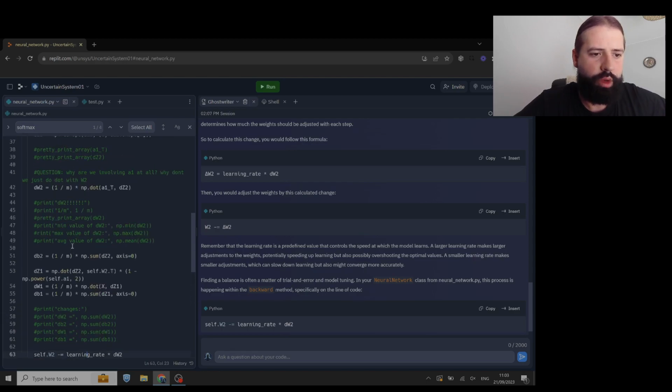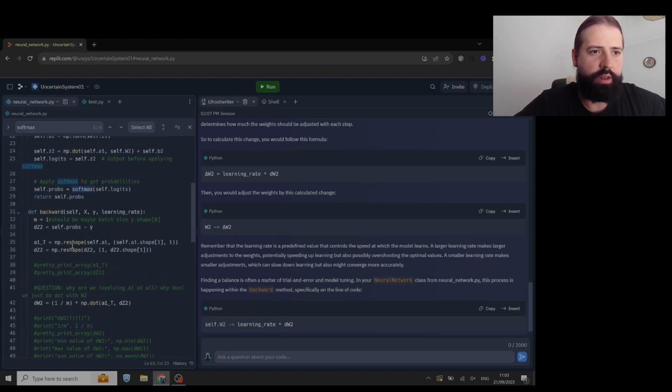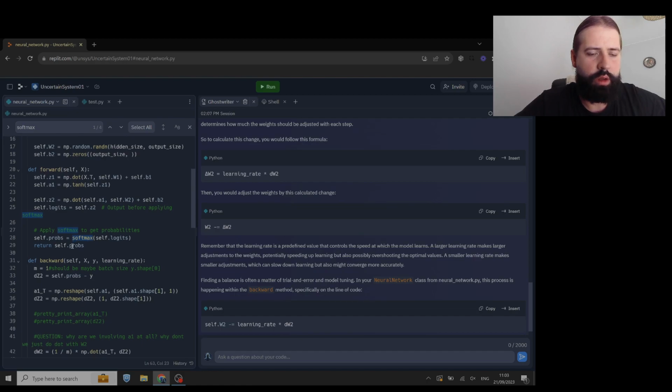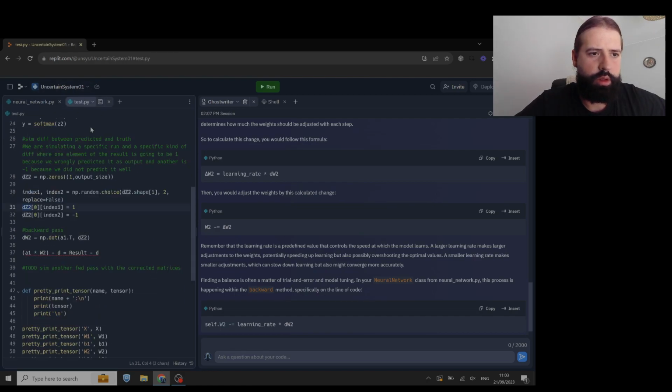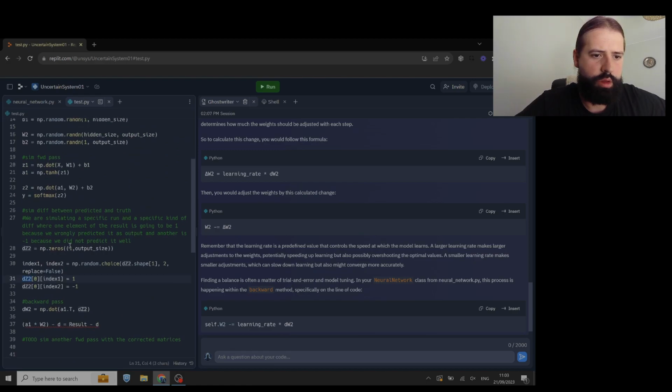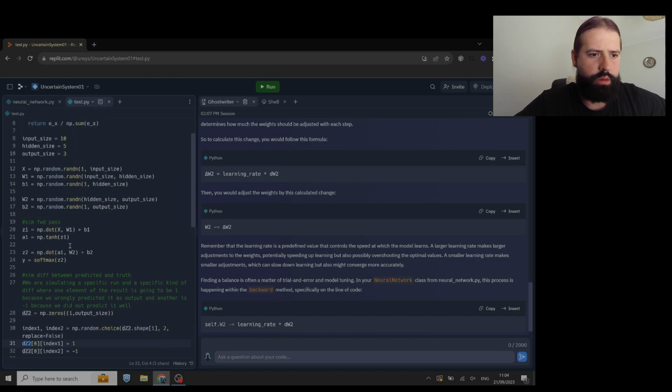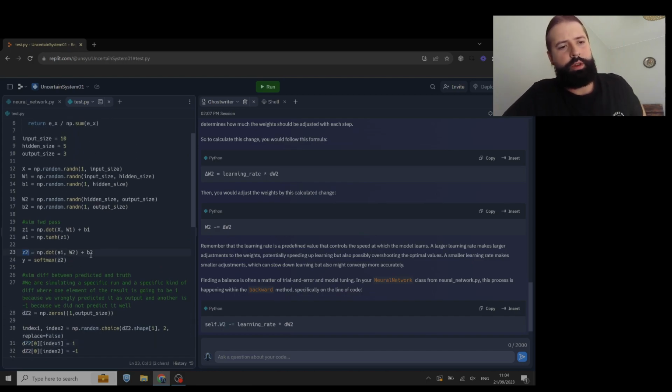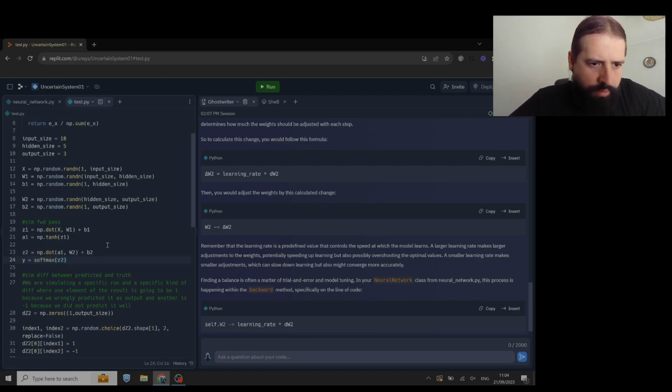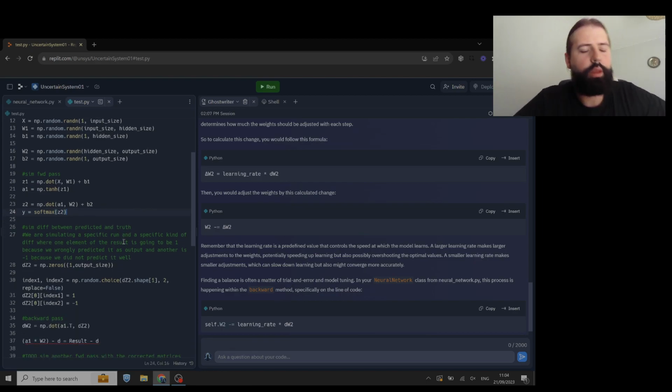What I have is dZ2. dZ2 is just the difference between Z2 and, really, it's actually dy. It's just the difference between the outputs. But how do you get there?